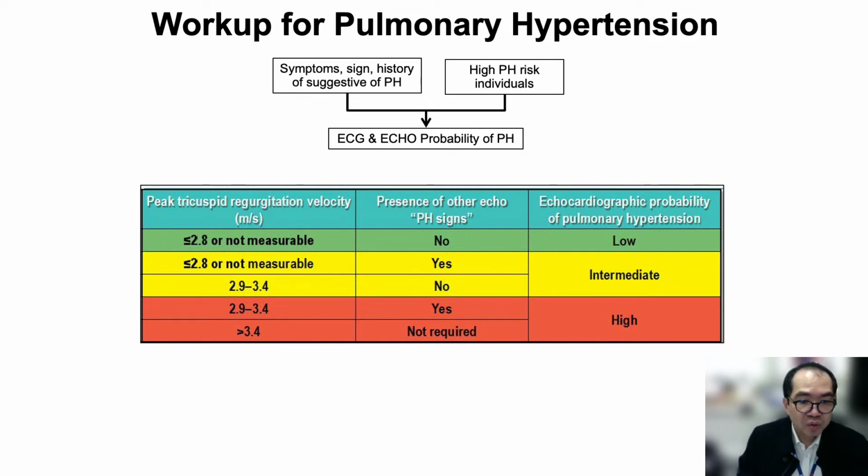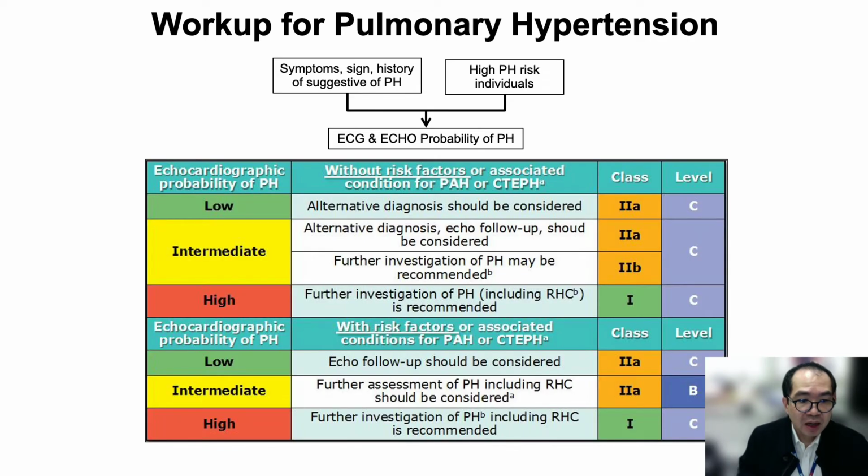And with that, we can decide what to do next. More commonly it will be a right heart cath. And here you can see that by having the echocardiographic probability together with the clinical parameters of this patient, then you can decide whether this patient needs to proceed to a right heart catheterization.